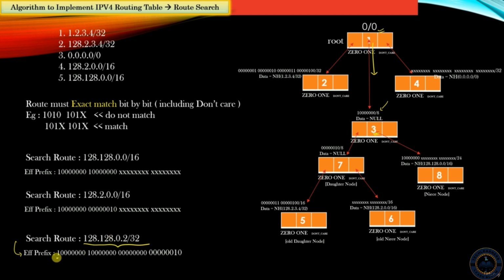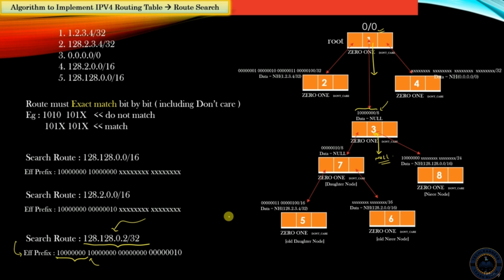So I am going to compare the 8 bits of the input effective prefix with the 8 bits of the current node, which match. Alright, so I will inspect the next bit of the input prefix, which is 1. So I will try to traverse down the tree along the 1th child of node 3, but the 1th child of node 3 is null. There is no path. So it simply means that this particular route is not present in this mTrie data structure.